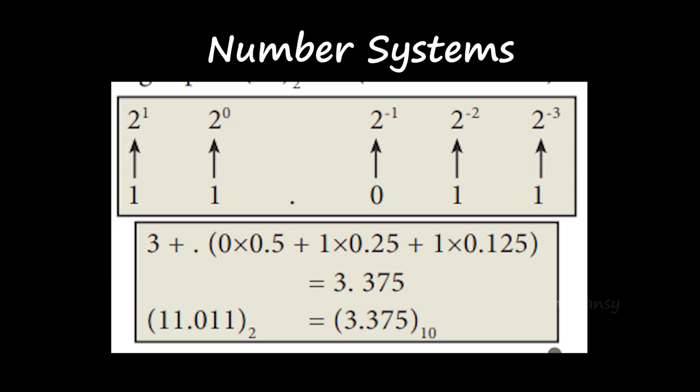Then for all the digits you have to write the powers of 2 from left to right. From the left you write 2 power minus 1, 2 power minus 2, and till 2 power minus n, however many digits you have, with negative powers. Then you will multiply each digit with its corresponding weight, and at last you will add all the values obtained there.